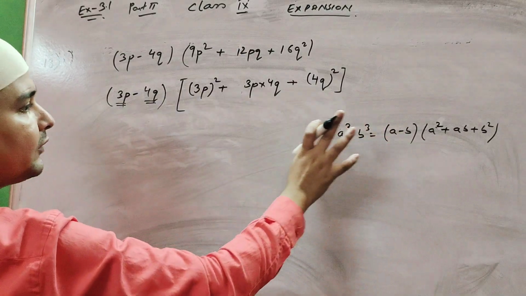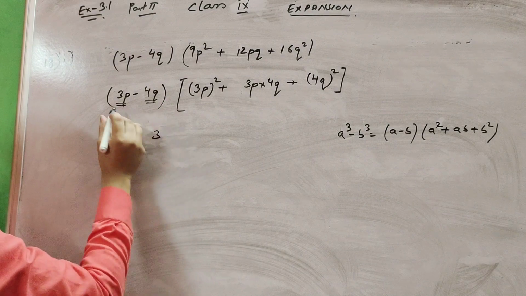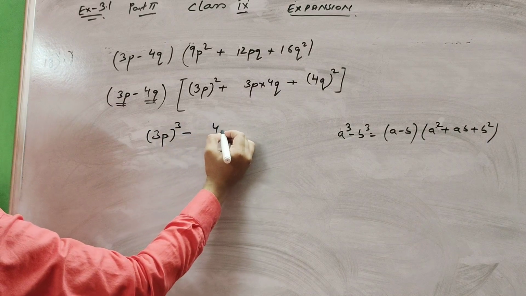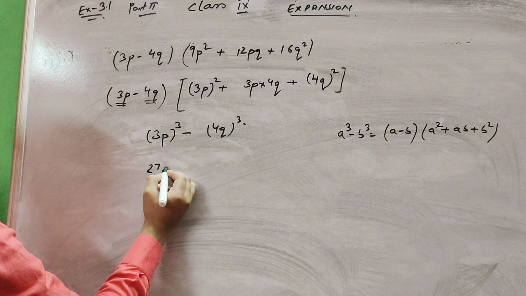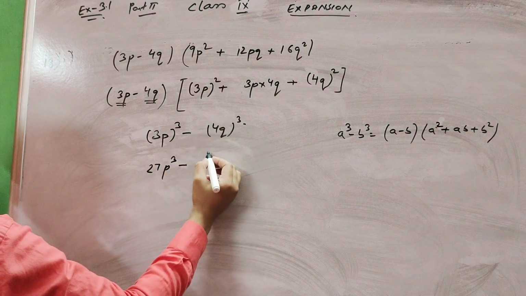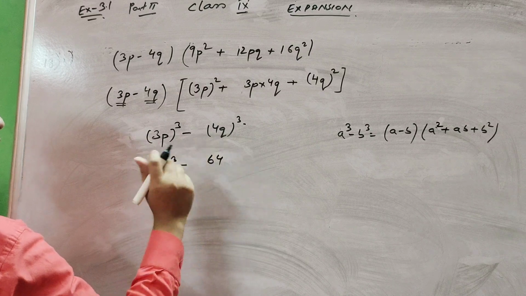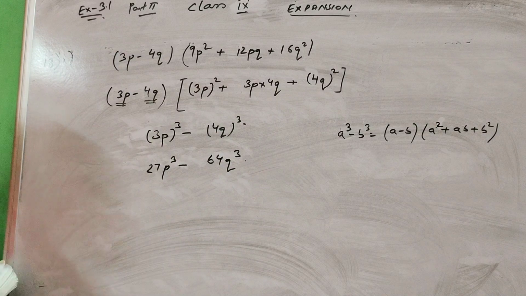In place of that we just write a cube minus b cube, where 3p is a and 4q is b. So 3 cube is 27, p cube is p cube, minus 4 cube is 64, 4 fours are 16 and 16 into 4 is 64, so 64q cube. Clear? Note.